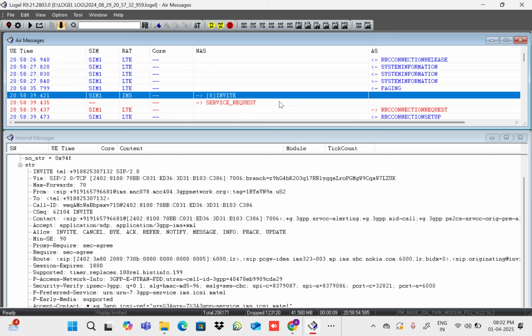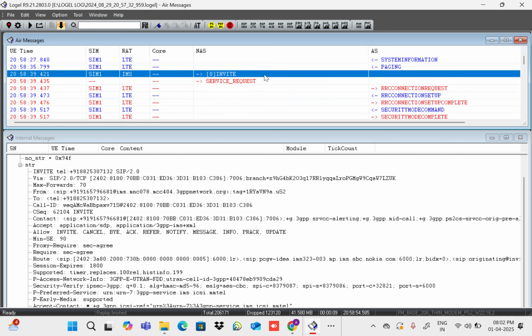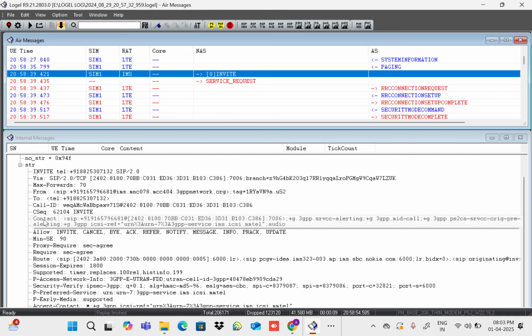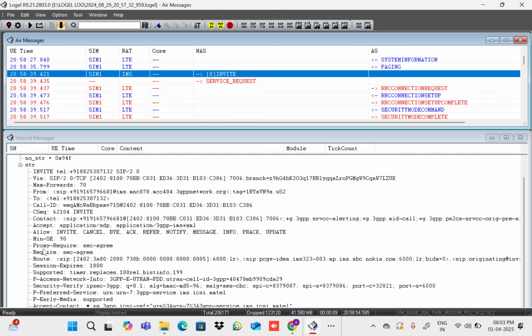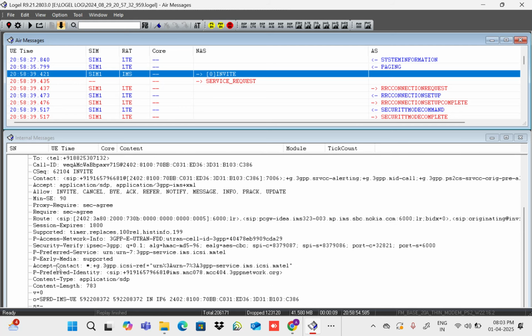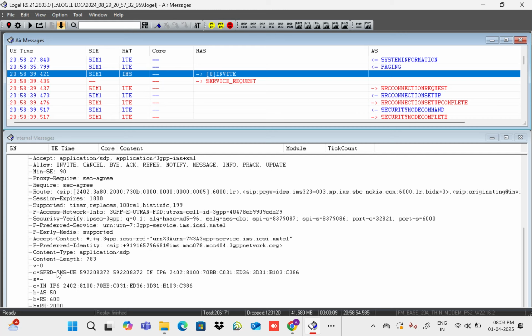So this is the UE, and we are sending the INVITE request. In the INVITE, lots of headers are available, like Via, Max-Forwards, From, To, Call-ID, CSeq, Contact, Accept, Allow, Proxy-Require, P-headers. So multiple things. When you learn more, you will connect with us.